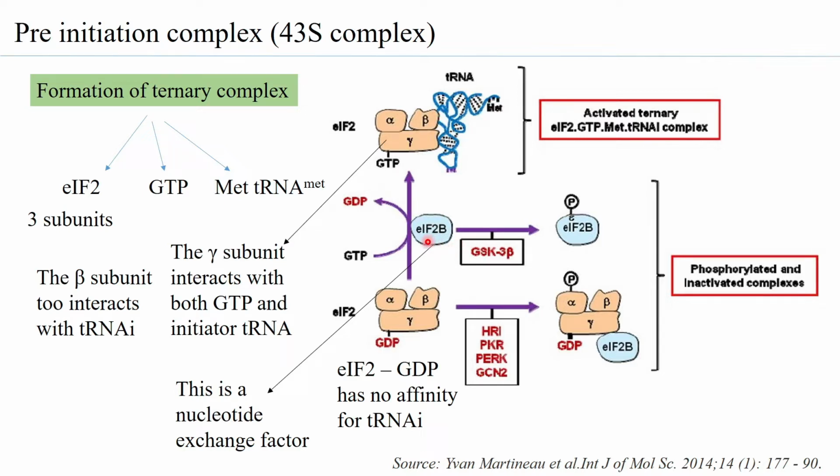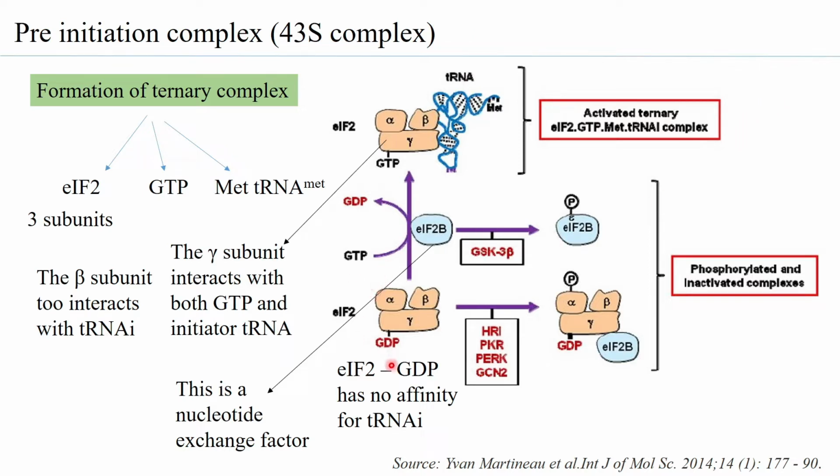So it has been observed that when certain kinases phosphorylate EIF2B, the phosphorylated EIF2B is not able to interact with the EIF2 GDP and convert it to EIF2 GTP. Therefore, a phosphorylated EIF2B is not able to allow the formation of a ternary complex, and hence no formation of the 43S complex, and hence no initiation phase of translation.